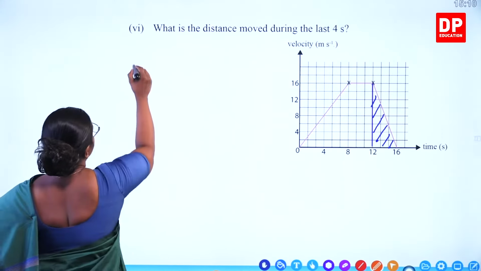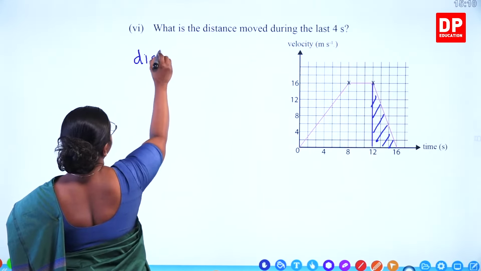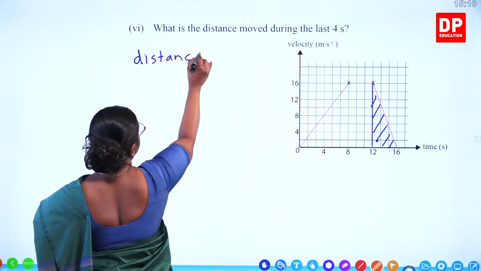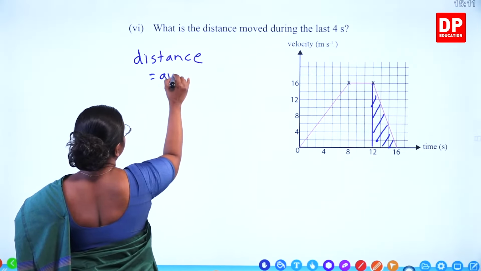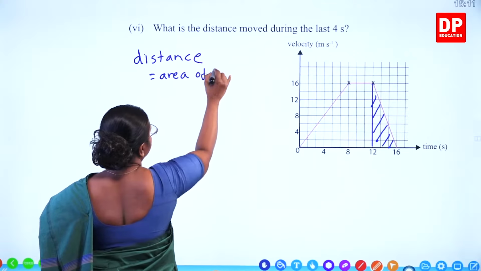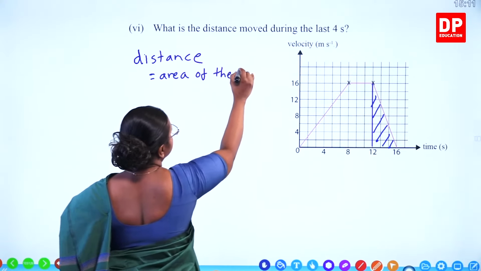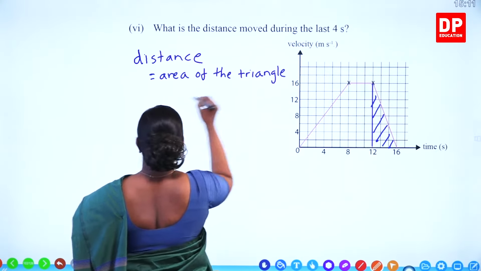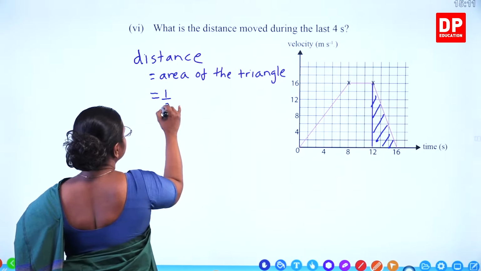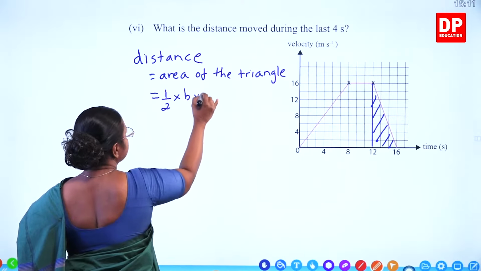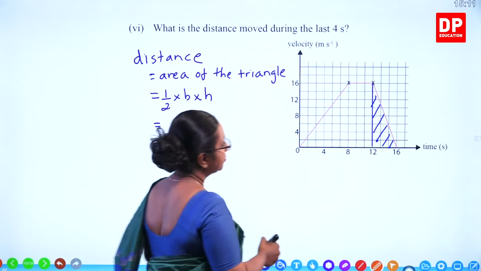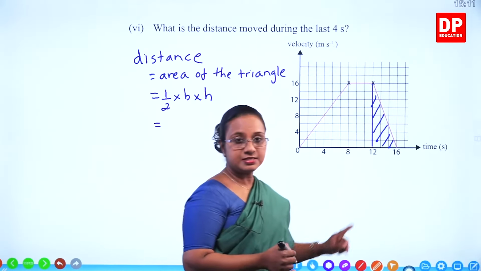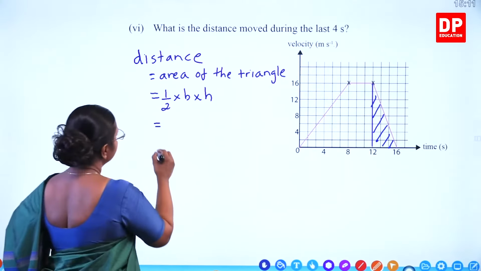So distance equals area of the triangle, so that is again equal to half into base into height. So here the base is 16 minus 12.